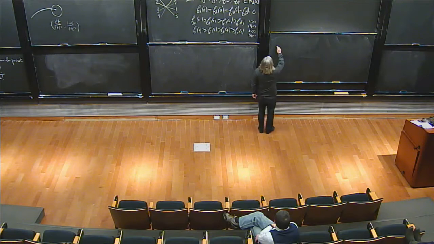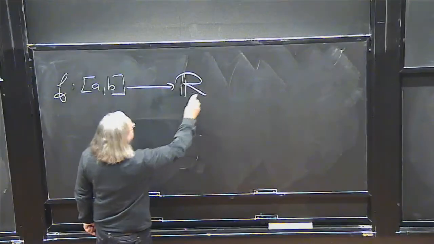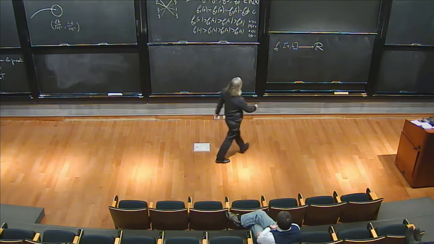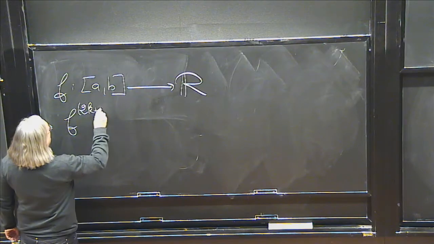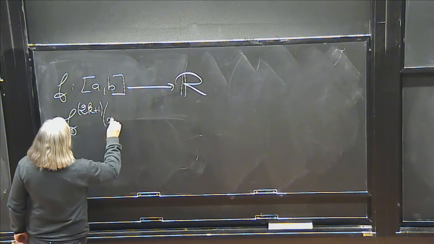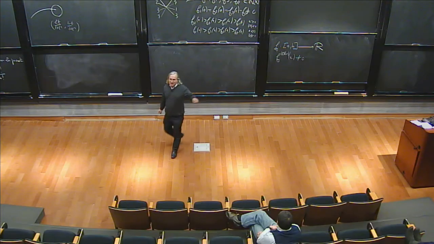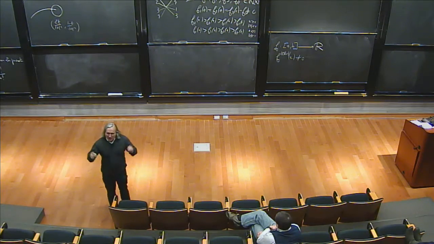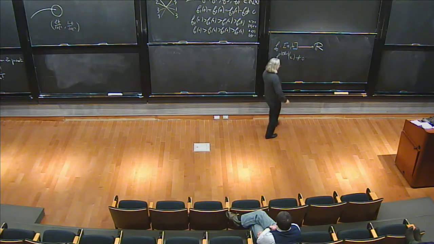You consider a smooth function f defined on some interval AB with real values. And you assume that on this interval, some odd derivative does not vanish. So you look at the 2k plus first derivative of f on the interval AB, and you assume that there is no zero of this on AB. Now here's the theorem.